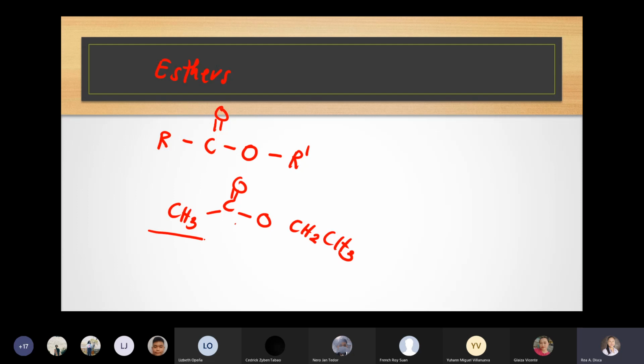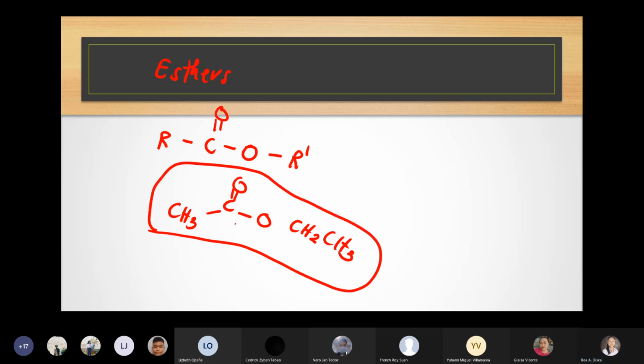This is the chemical formula for ethyl acetate. Ethyl acetate is the most common ester, possibly the one with the widest range of uses. It is a colorless liquid at room temperature with a pleasant fruity smell. Its boiling point is 77 degrees Celsius. It is used as an artificial fruit essence and aroma enhancer.